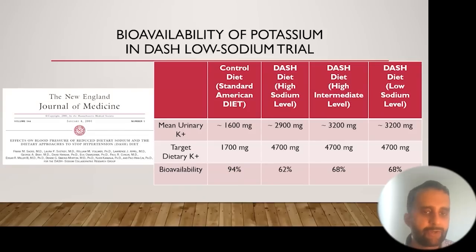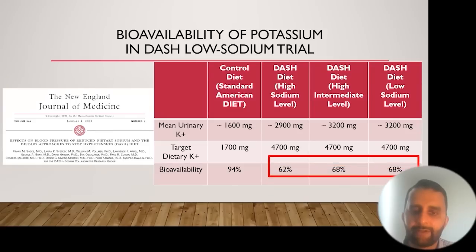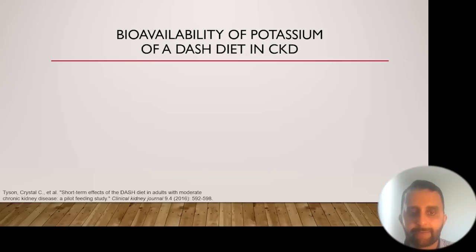As I mentioned earlier, there are 2 DASH studies. The first DASH study did not look at sodium restriction, but the second DASH study did. The second DASH study showed that the bioavailability of potassium in those foods was again somewhere in the mid 60s, 62 to 68% on the DASH diet.